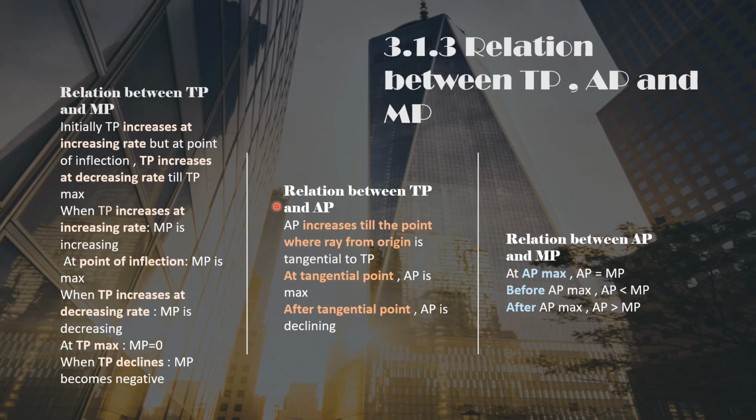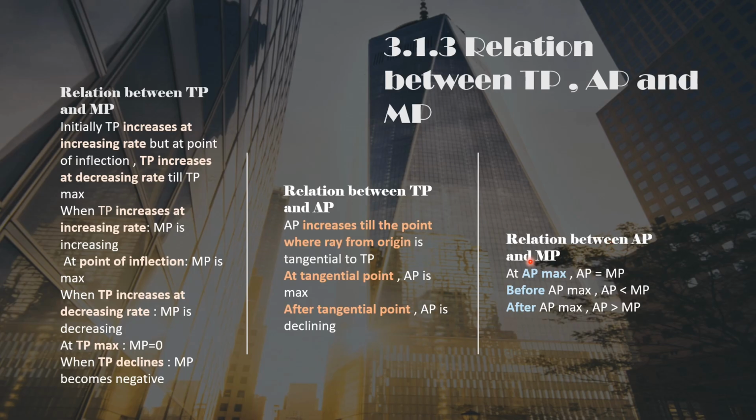Now let's go to the relationship between TP and AP. AP increases till the point where the ray from the origin is tangential to TP. At the tangential point, AP is max. After the tangential point, AP declines. So that was the relationship between TP and AP.